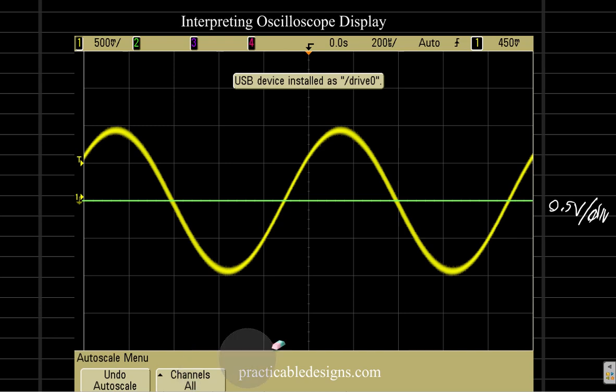And I should just type it instead of trying to write it. 0.5 volts per division. All right. Oh, that's the vertical. The vertical scale is 0.5 volts per division.